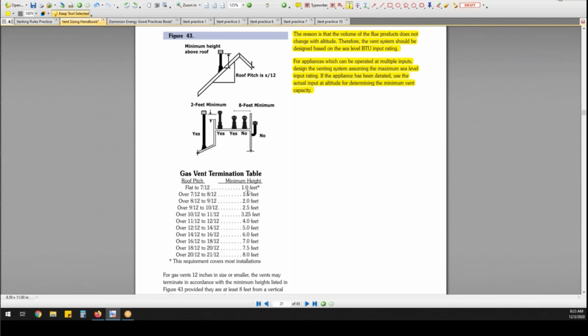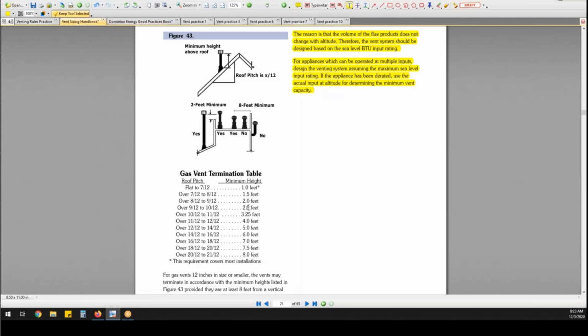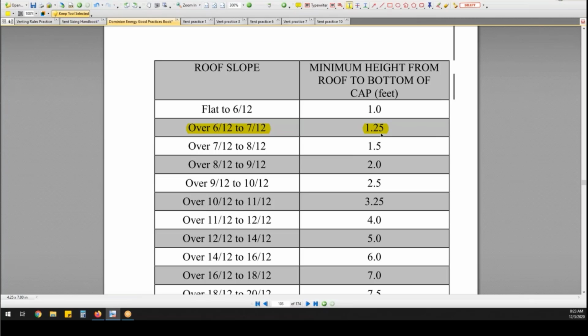It's a great book, but here in Utah, they're going to default to Dominion Energy Good Practices book or the IFGC, which is the same as this. So bear that in mind. You will sometimes run into things like that, okay? So the authority having jurisdiction is what they're going to base it off of, okay? And when you're taking the test, this is the right answer, this book or the IFGC, okay?